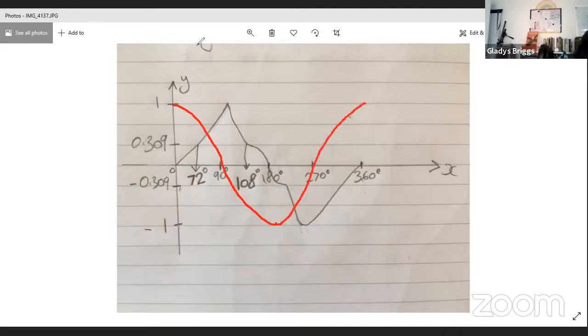And then you have to draw that line from 0.307 and find your two solutions from your graph.